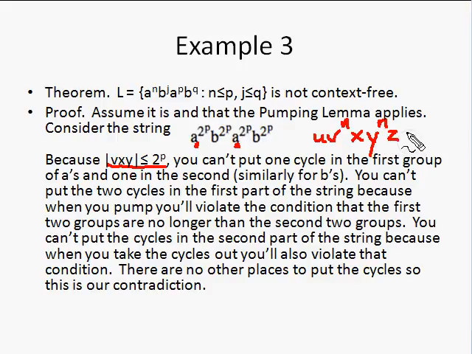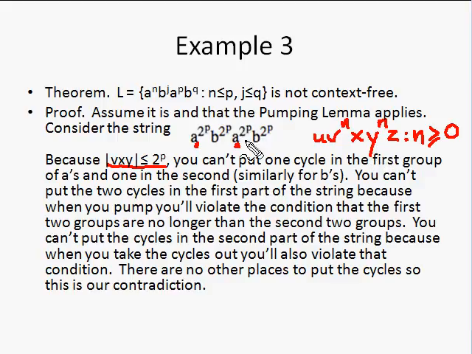What was the bounds on N? N had to be greater than or equal to 0, which means if N is 0 that you can take these cycles out completely and still have a good string. That's what the pumping lemma tells you.